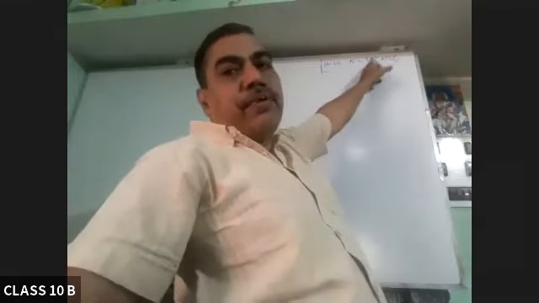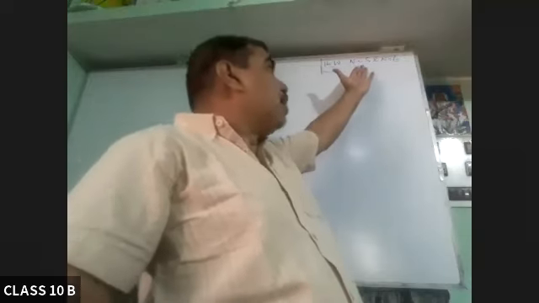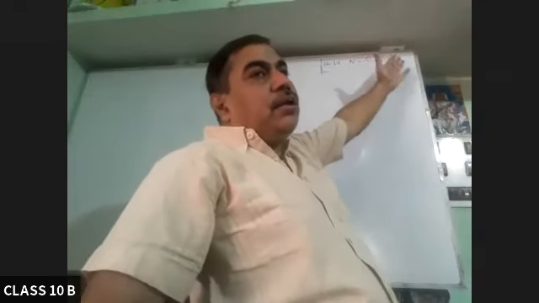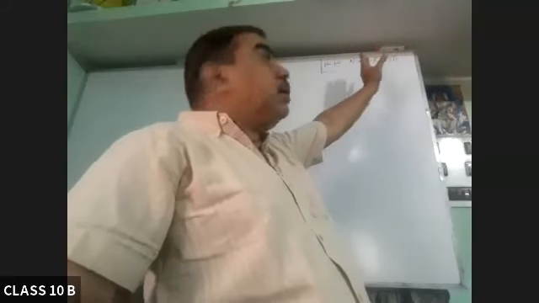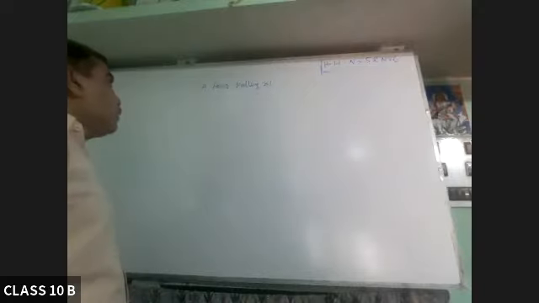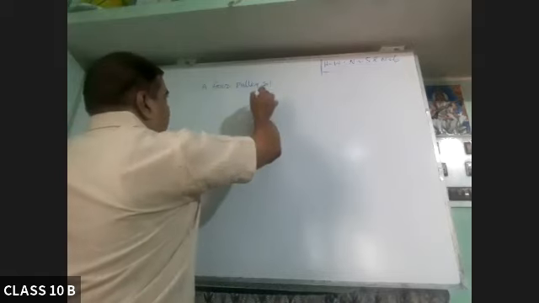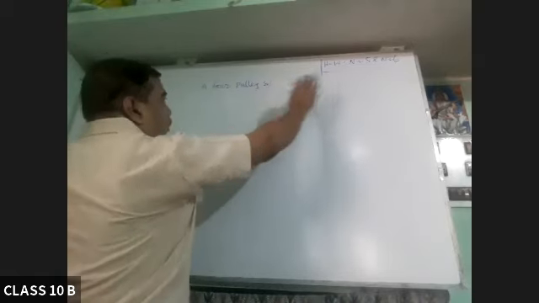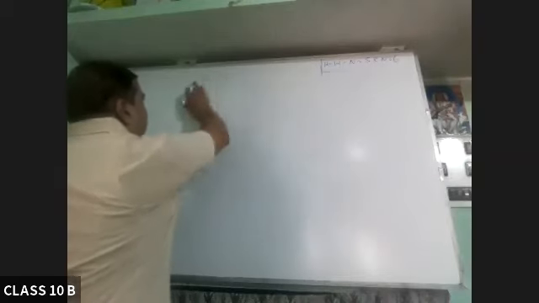If N is 5 and effort is downward, velocity ratio or ideal mechanical advantage will become 5. If inconvenient, that is upward, then this one will become 6, one more than that. Already we have learned that general formula, general relation. So if you are to recall, we'll write again.